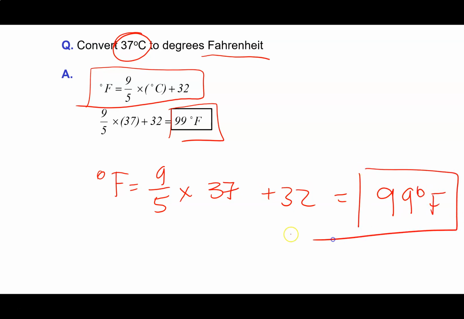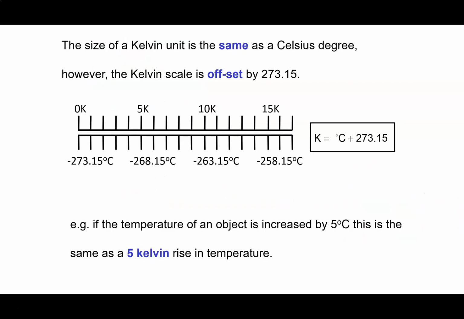And it's always nice to put a box around your final answer so I can grade your work correctly. Now, this is interesting. The size of a Kelvin unit is the same as a Celsius unit. So if the temperature changes by 5 Kelvin, the delta there is going to be 5 Kelvin.